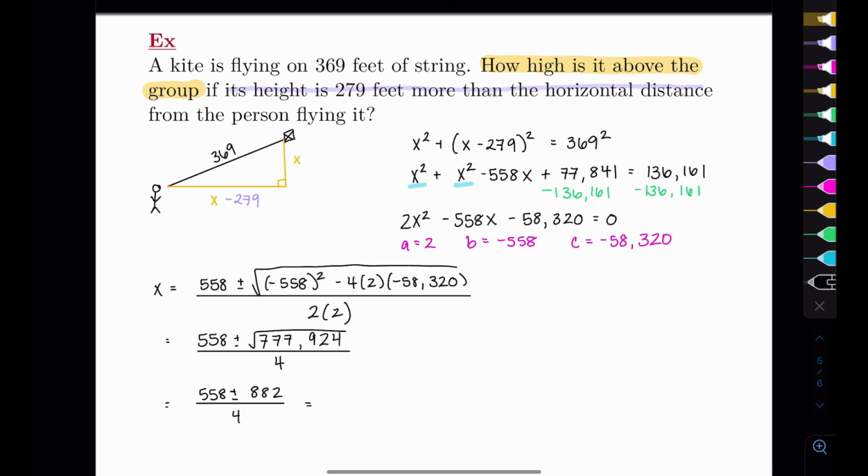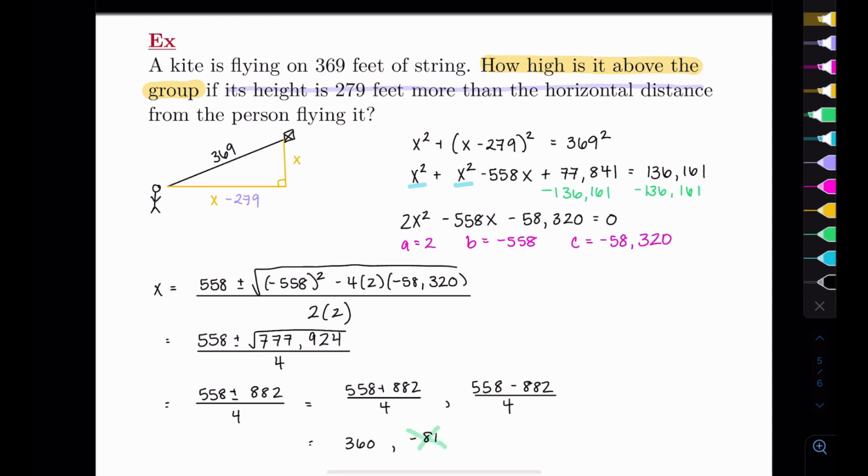So we technically get two solutions, 558 plus 882 over 4, and then 558 minus 882 over 4. Okay. So if you go ahead and plug that into your calculator, the first one's going to give you 360. And then the second one actually gives you negative 81.